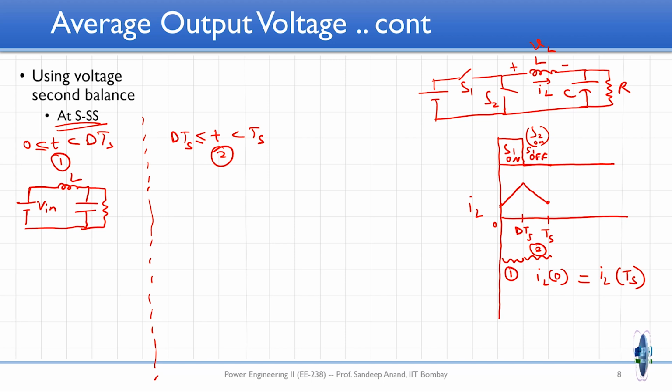And in the second period, when S1 is off and S2 is on, the circuit transforms to this one, right. So, any doubt so far, any confusion, any question?